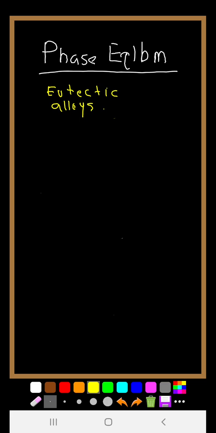The term eutectic means a liquid is getting transformed into two different solids, a solid plus another solid. Depending upon the composition, different types of microstructures are possible in the slow cooling of alloys belonging to a binary eutectic system. So we'll be starting with slow cooling.